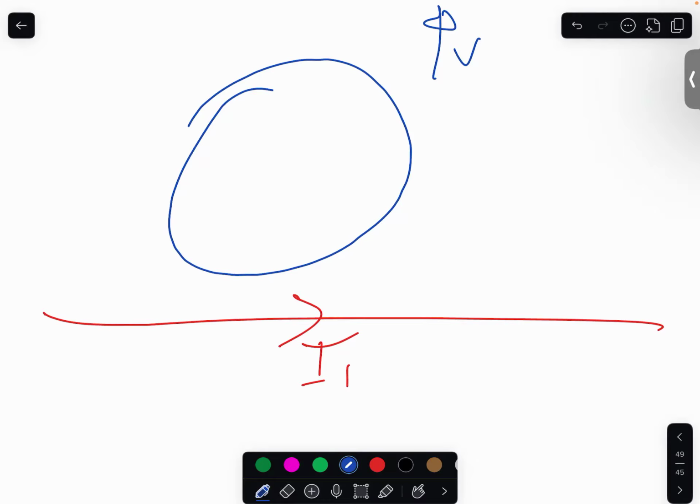The logical choices here are clockwise or counterclockwise. I'm not asking about flux. I'm not asking about field. I'm asking which direction the current would flow in the second loop.